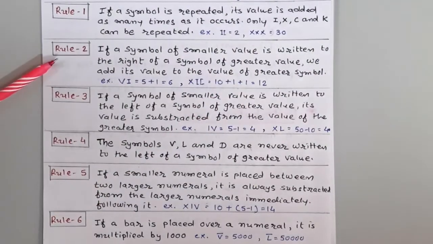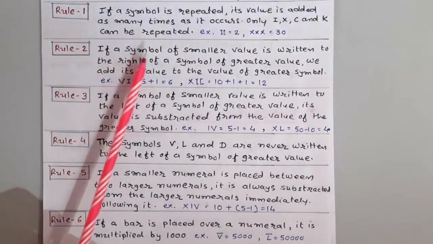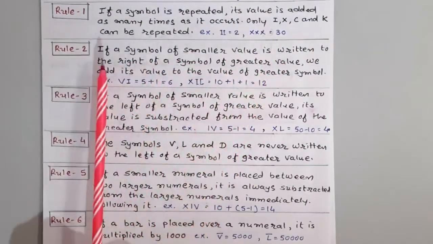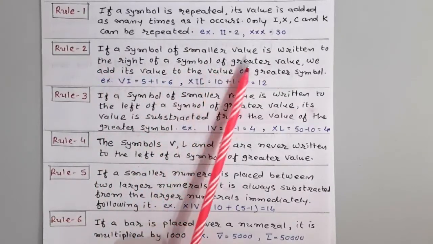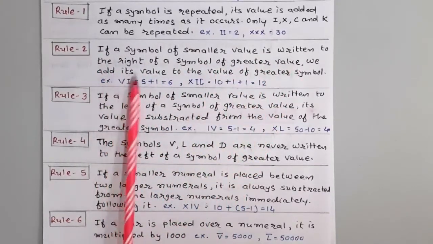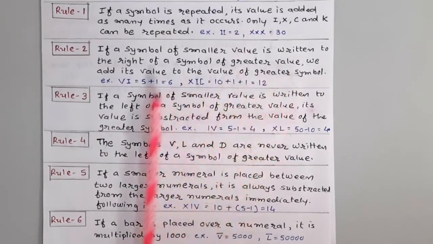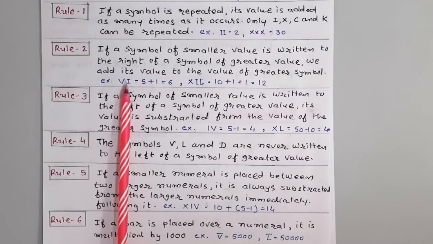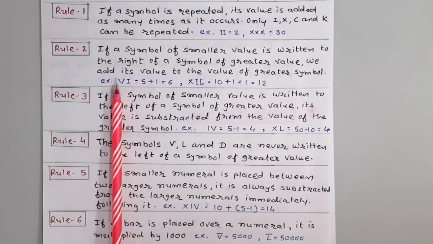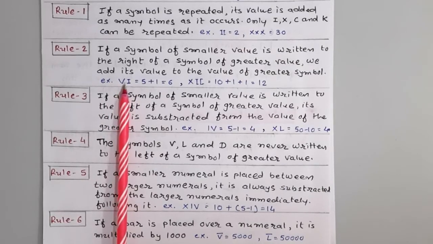Rule number 2: if a symbol of smaller value is written to the right of the symbol of greater value, we add its value to the value of the greater symbol. For example, VI: the value of V is 5 and the value of I is equal to 1.